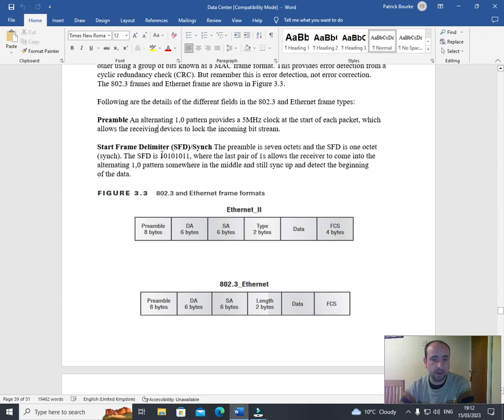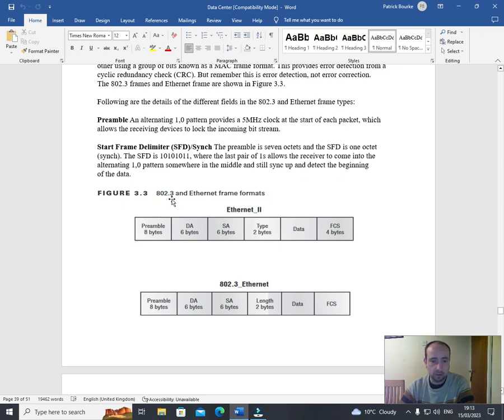Start frame delimiter, SFD: the preamble is 7 octets and the SFD is 1 octet. The SFD is 10101011, where the last pair of ones allows the receiver to come into the alternating 1-0 pattern somewhere in the middle and still sync up and detect the beginning of the data.